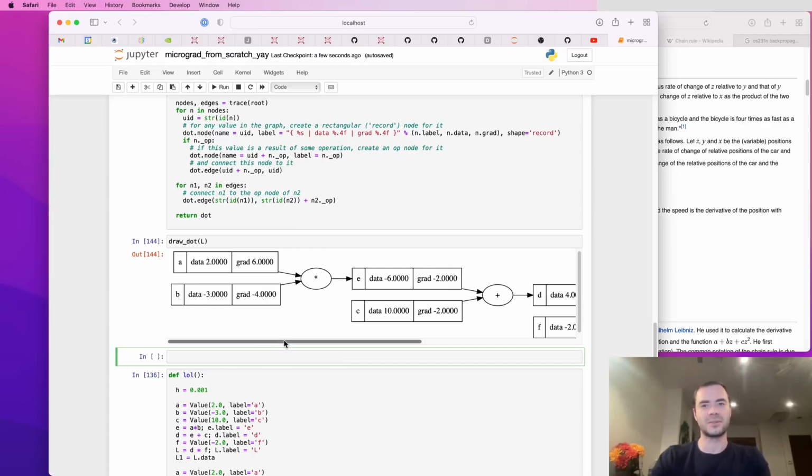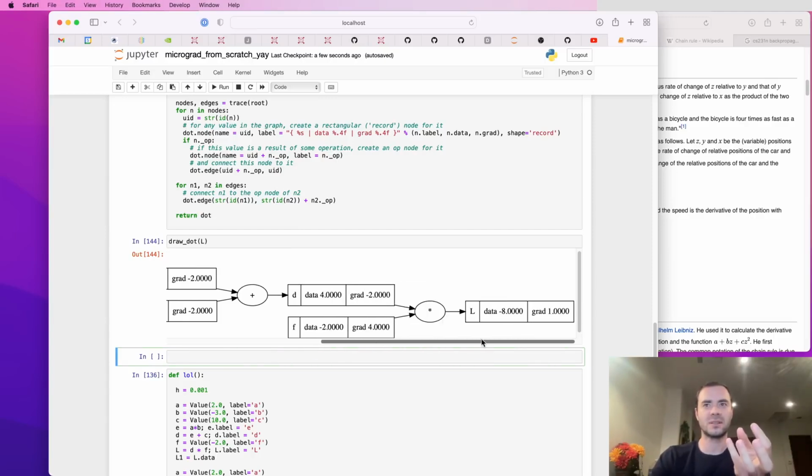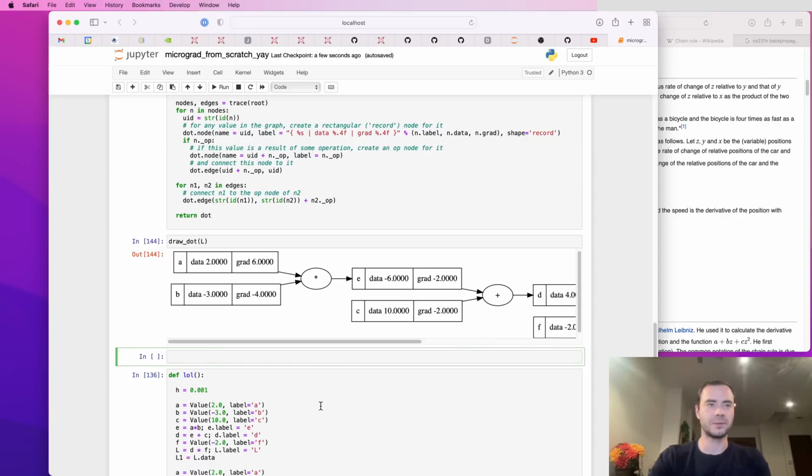What we're going to do is nudge our inputs to try to make L go up. In particular, we want to change a.data. If we want L to go up, that means we just have to go in the direction of the gradient. So a should increase in the direction of the gradient by some small step amount. This is the step size.